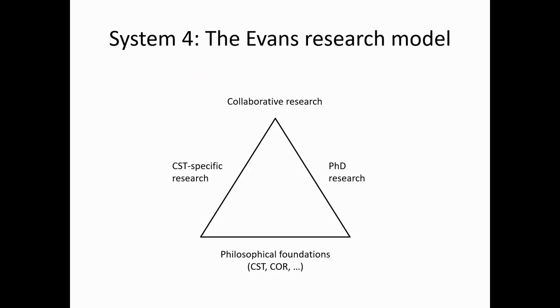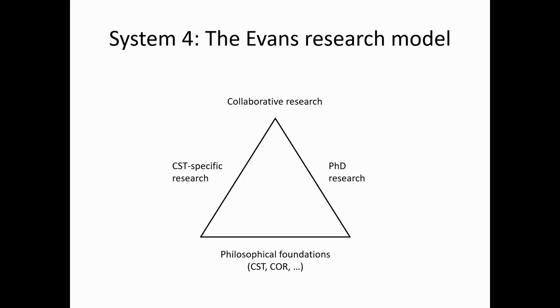So the vision, System 4, the evidence research model, is something I liked very much that you introduced. At the base of the triangle we have our philosophical foundations, which, as I just said, are critical systems thinking and community operational research. Then we want to move up from that basis towards the apex, where we define the collaborative research, following two legs at the same time.